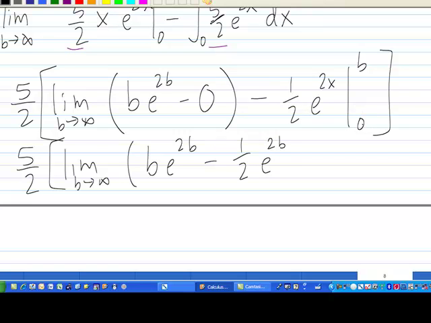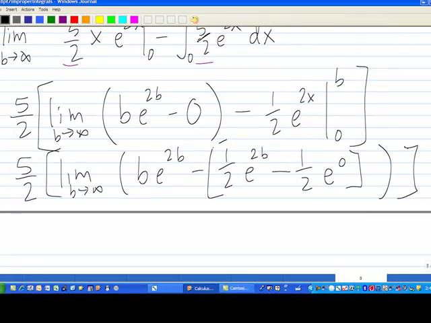And then our last term will be a 0. It'll cause this to be, let's see, minus 1/2 e to the 0, all in parentheses. So all I did there was evaluate the bounds from b to 0.